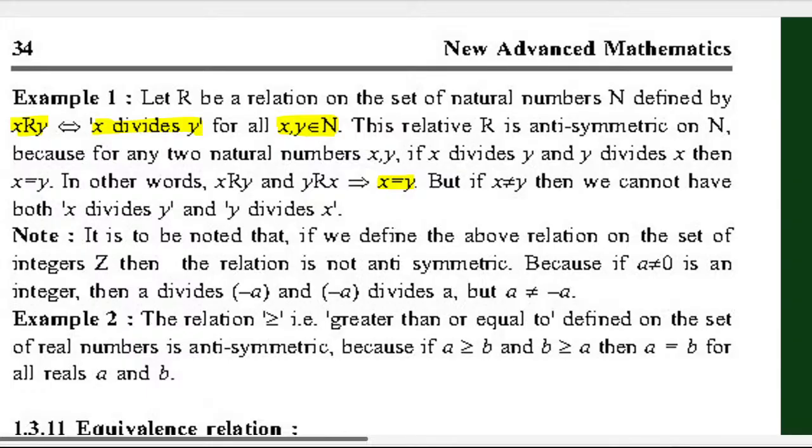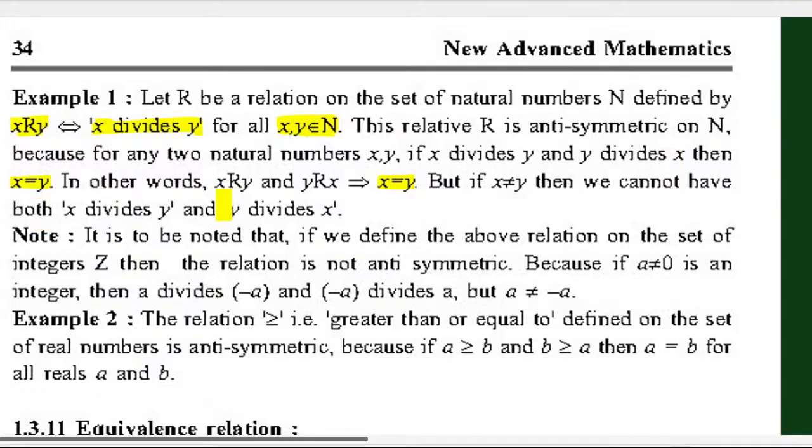So this relation R is anti-symmetric on n because for any two natural numbers x, y, if x divides y and y divides x, then x equals y. Is it so or not? If x divides y and y divides x, then they will be equal.